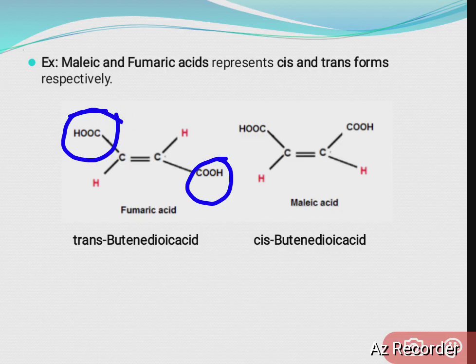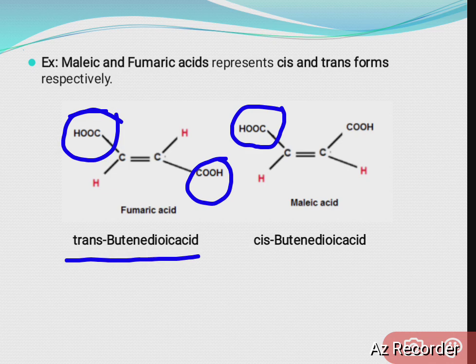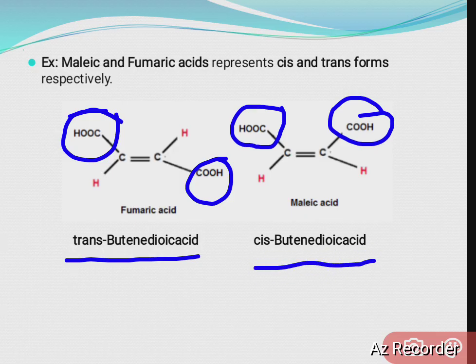Hence, this is termed as trans-butenedioic acid. Whereas in the case of maleic acid, the bulkier COOH groups are present on the same side. Hence, this is termed as a cis isomer. This is cis-butenedioic acid.